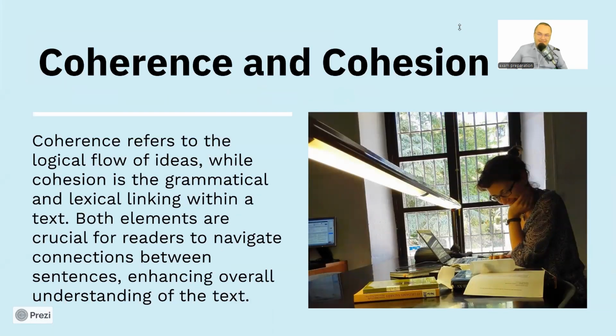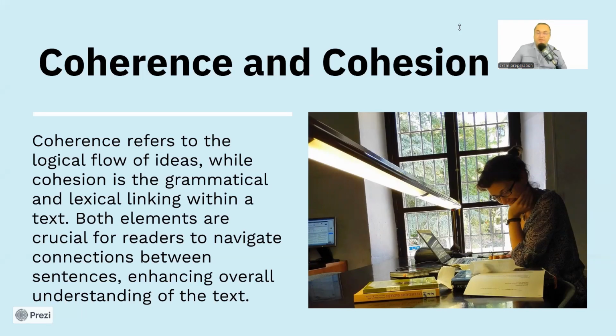Coherence and cohesion. Coherence refers to the logical flow of ideas, while cohesion is the grammatical and lexical linking within the text. Again, punctuation, periods, commas, colons, semicolons, all these features give you an idea.